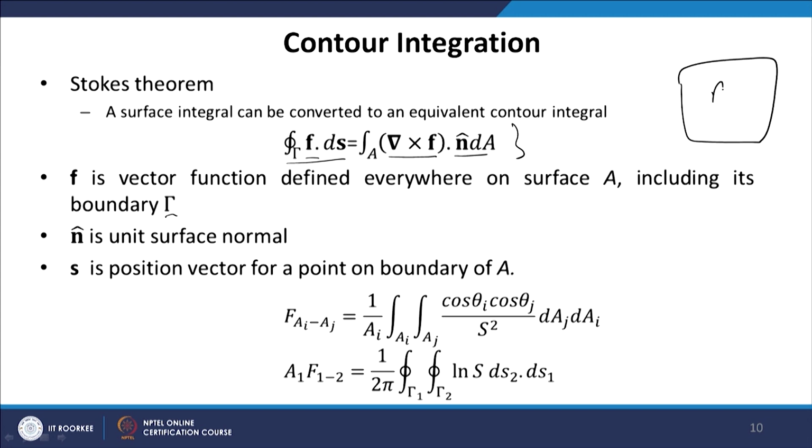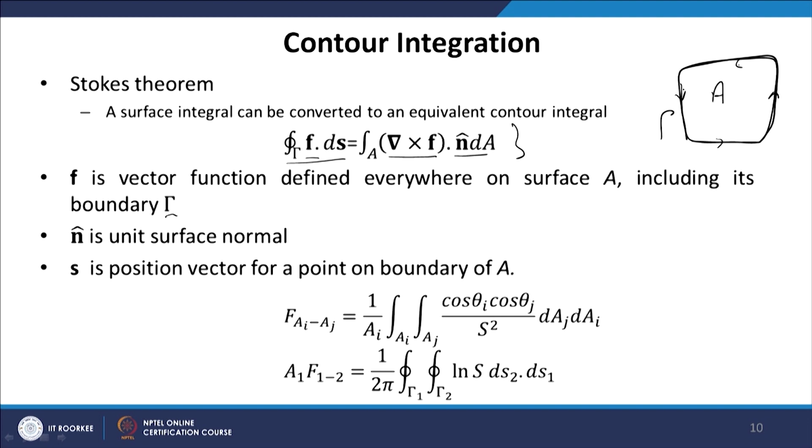So, if you have this surface A, this is the path that we have to follow, okay. So, this is basically the boundary of the surface. So, we have surface A and this path around this surface that we have to evaluate, okay. And n is the unit normal vector to the surface, okay.